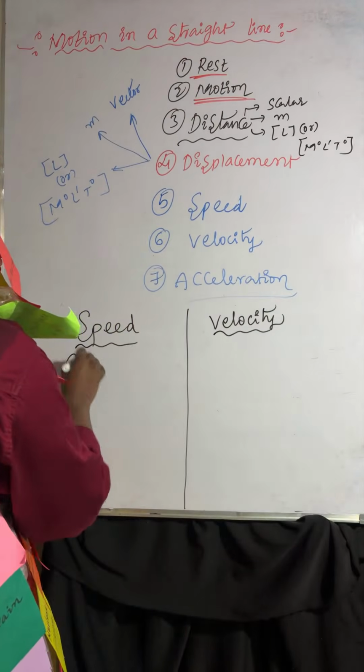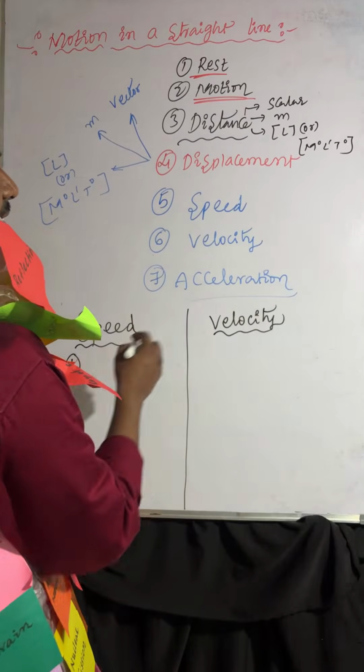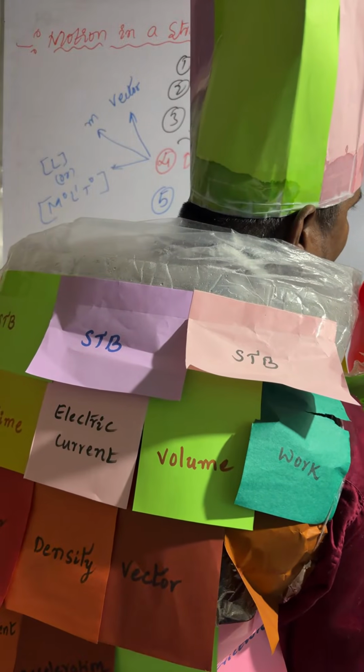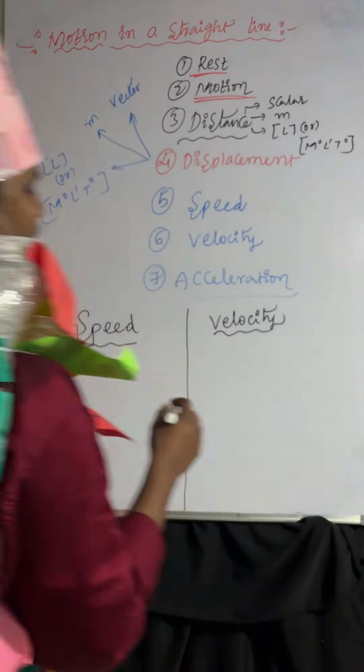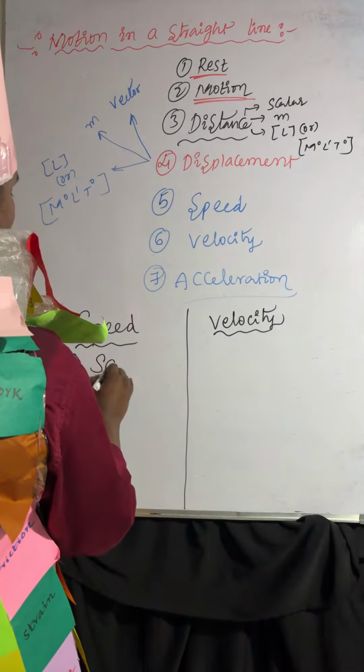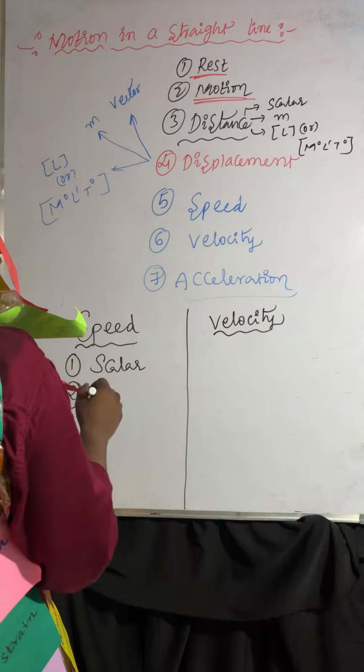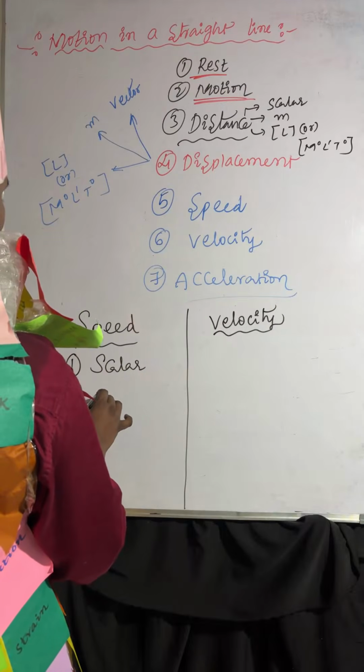The first one: speed is a scalar quantity.